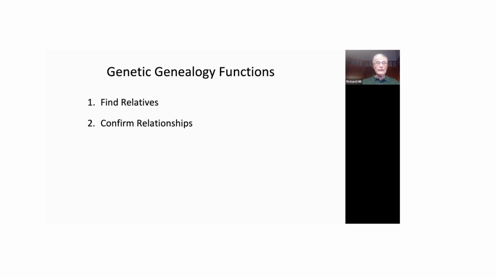And obviously, this function is extremely critical for adoptees who believe they have found a close biological relative. But other questions can be answered as well. Are 2 people full siblings or half siblings? Are twins identical or fraternal? And is the man who raised me really my biological father?